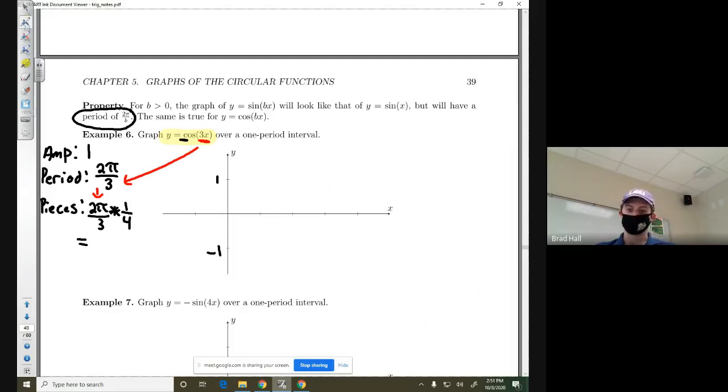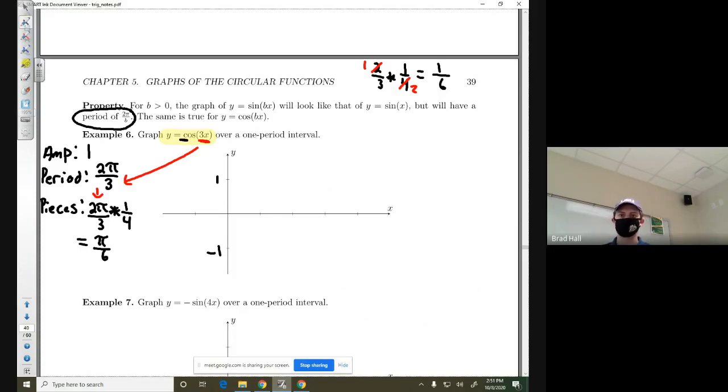So 2π/3 times 1/4 seems to be π/6. Again, really what you're looking at is 2/3 times 1/4. So that's 1, that's a 2, and then that's 1/6. And then you throw the pi back in. So the pieces are π/6.